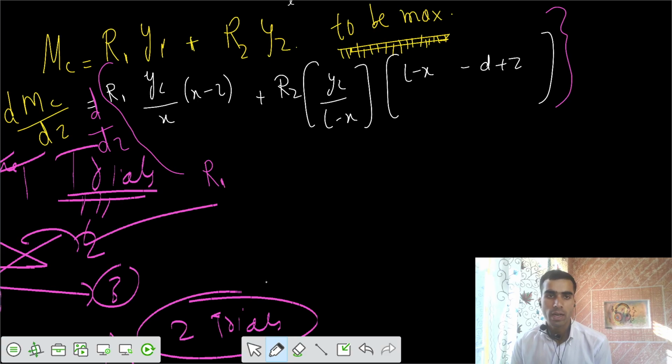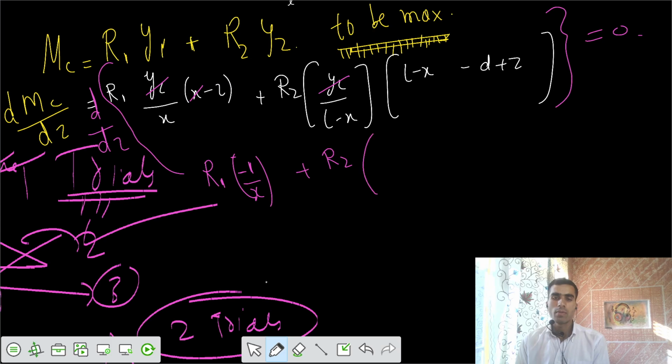Since yc is common to both sides, we can ignore it. I write r1 divided by x, and the differentiation of x minus z with respect to z gives minus 1, so minus r1 by x, plus r2 by L minus x, where the constant terms go to 0 and differentiating z gives a positive 1, equals 0.